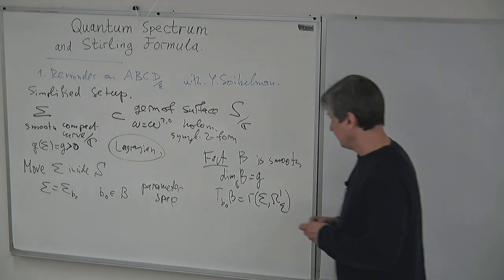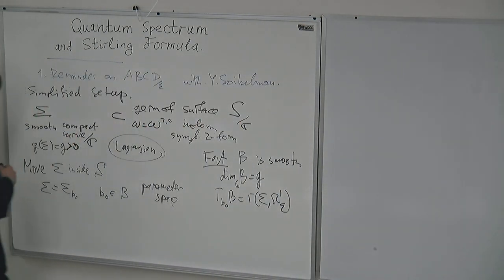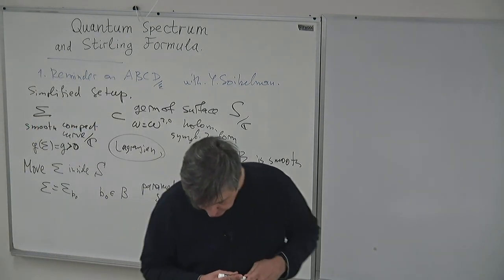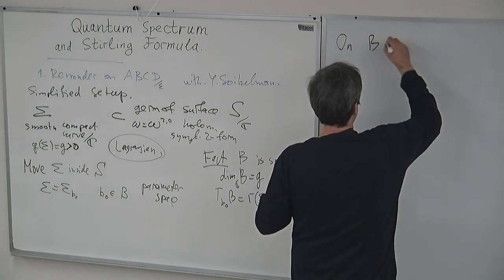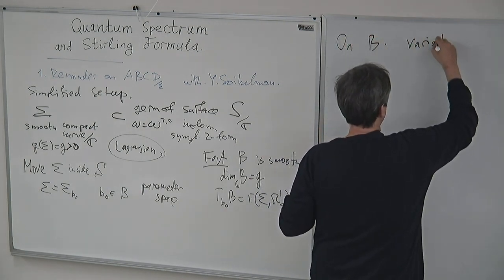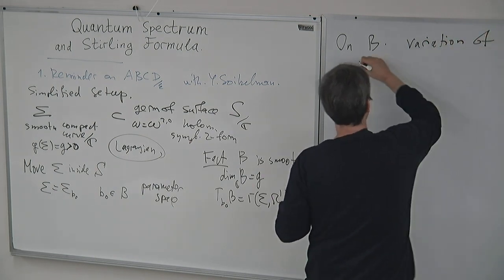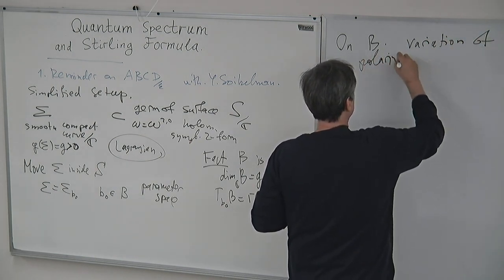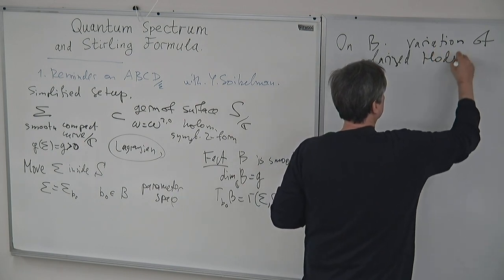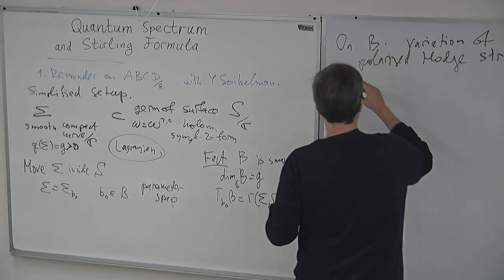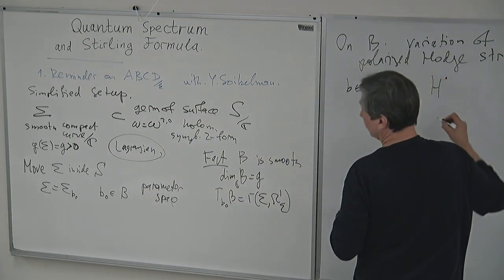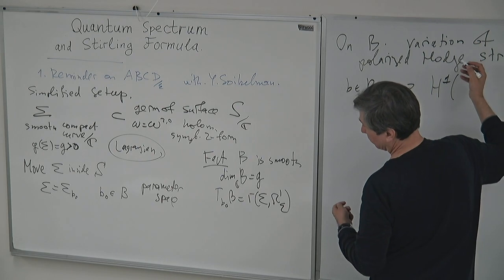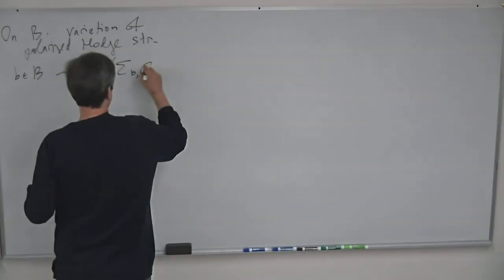So you get this G-dimensional family of curves, and then on B we have a variation of Hodge structures, or maybe say polarized Hodge structures. Namely, for each point b we consider the first cohomology of the corresponding curve, sigma b.